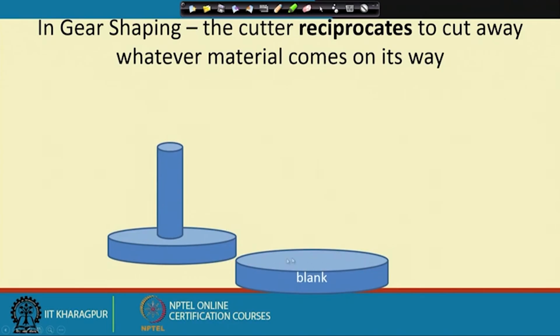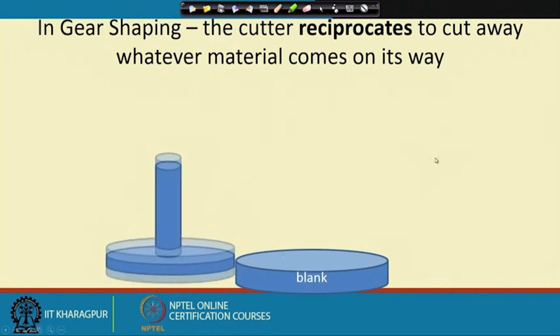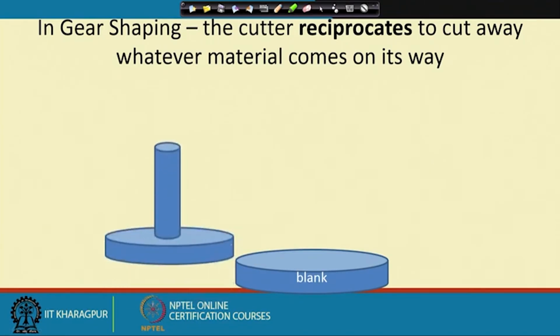So, there is a solid material and this one is a perfectly made gear. You give them individual rotations so that they are rotating against each other. This one reciprocates and it removes all the material while they are rotating together. That is it. This is gear shaping.